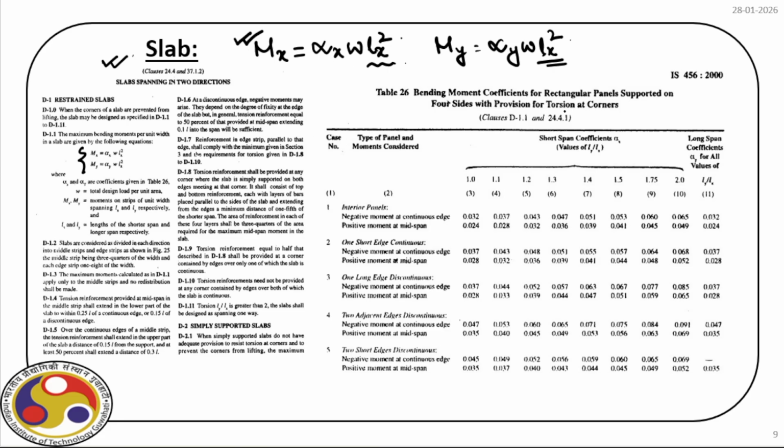Now, just imagine if we have a slab which is spanning like this over multiple supports, and say we have omega here, then we have to do the structural analysis to find out the sagging moment here and hogging moment there over the support.